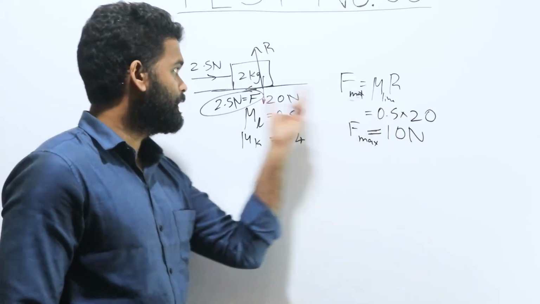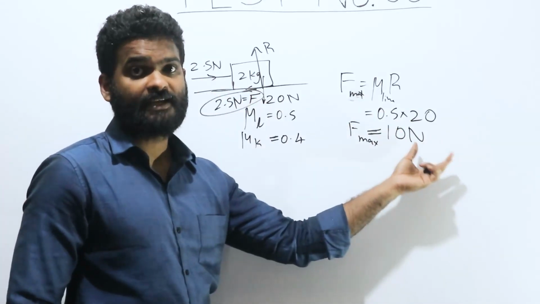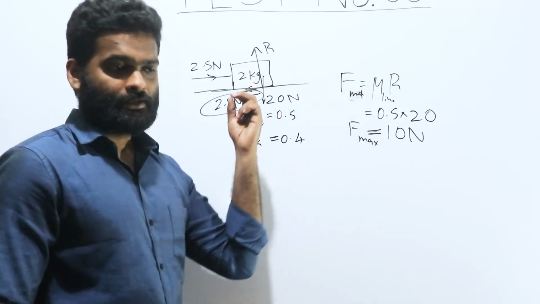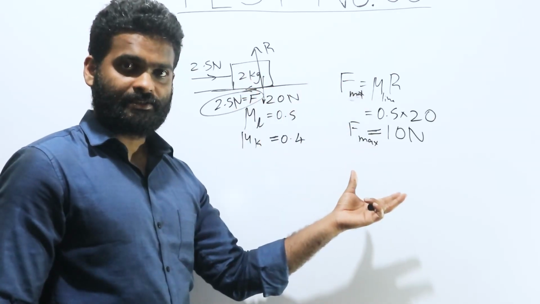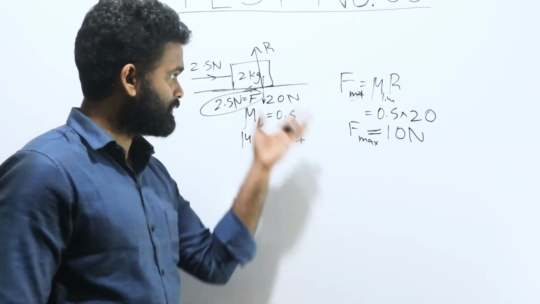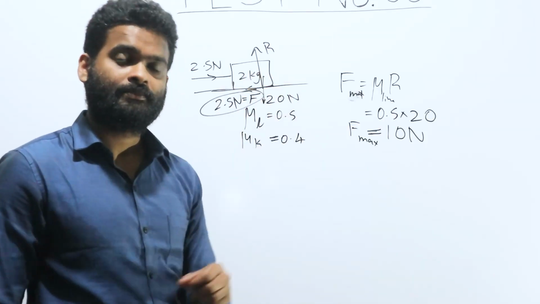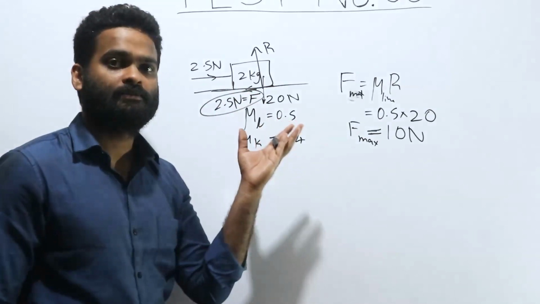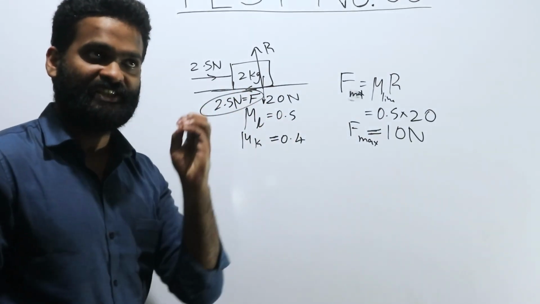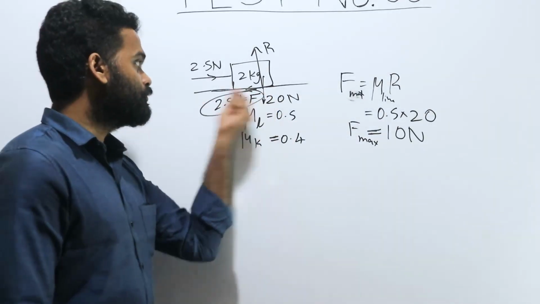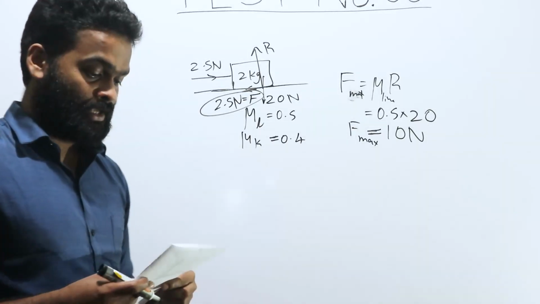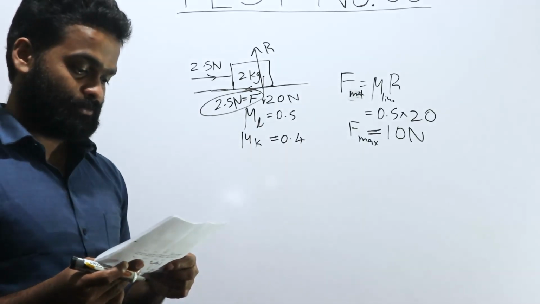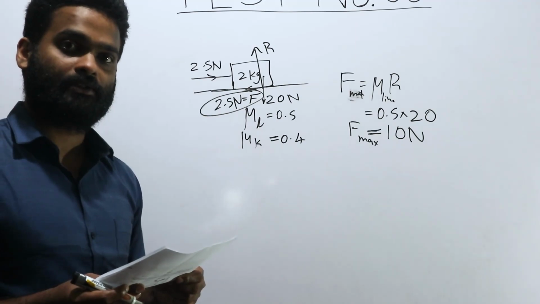The applied force is less than 10 Newton, so the object cannot move in this case, meaning this object remains in equilibrium. For this to be in equilibrium, the friction required is only 2.5 Newton. So the answer for the 11th question should be the first option.